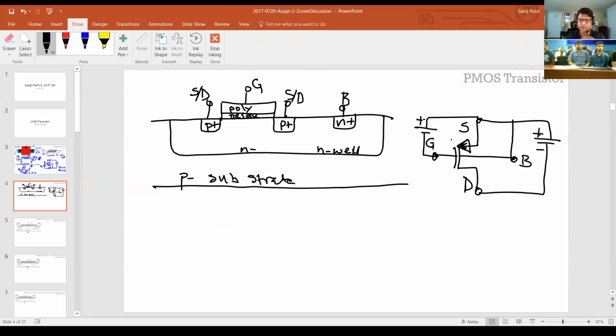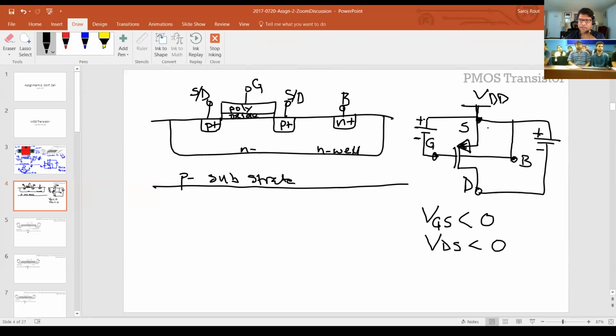Source needs to be a positive bias with drain, and the source also needs to be a positive bias with gate, or in other words, the gate with respect to the source. So if I write the same way as before, VGS now needs to be a negative voltage. VDS, this is drain to source, also needs to be a negative voltage, right? And in case of the bulk, it needs to be put to the highest voltage. So typically this is your VDD supply.